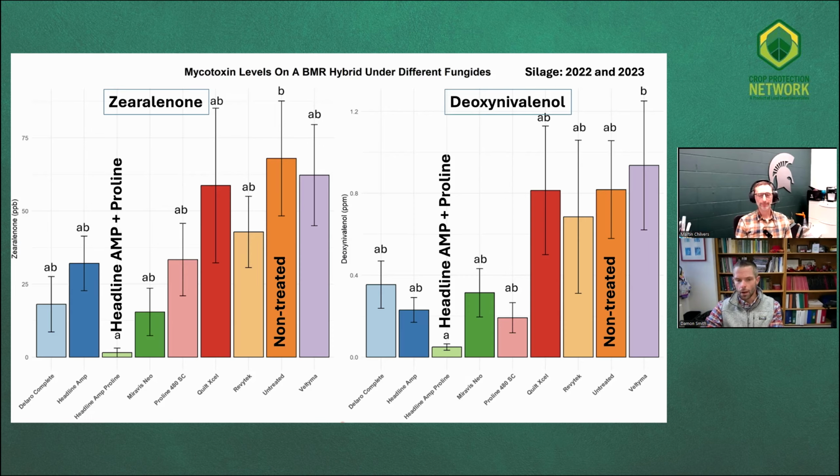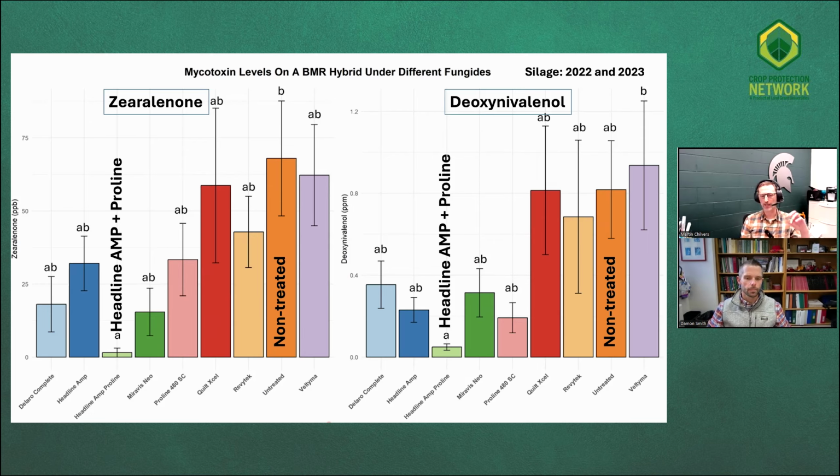So there are some interesting things that don't quite follow the wheat story, where the strobilurins may not be driving mycotoxin up, but maybe they're just not controlling it quite as well, because you do have some other things here like Quilt Xcel, which has a strobilurin, maybe not doing much in terms of control relative to the non-treated. So it's really all about having that high level of DMI in there still, right, Marty? Yeah, it certainly looks that way.